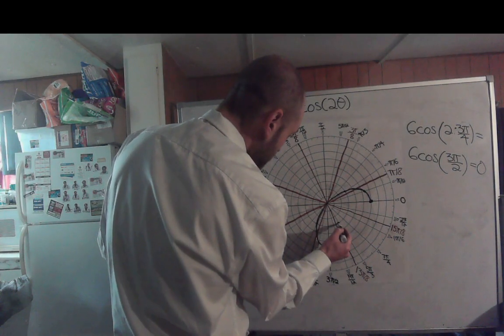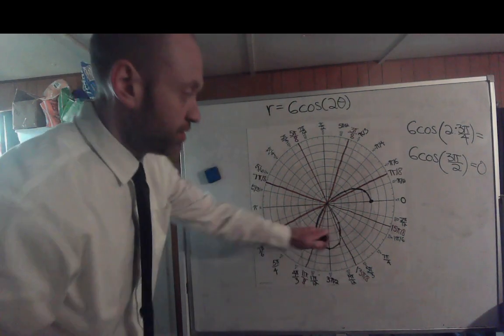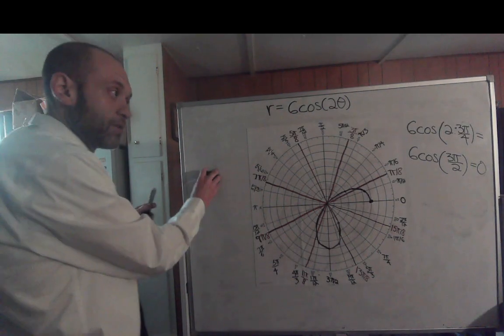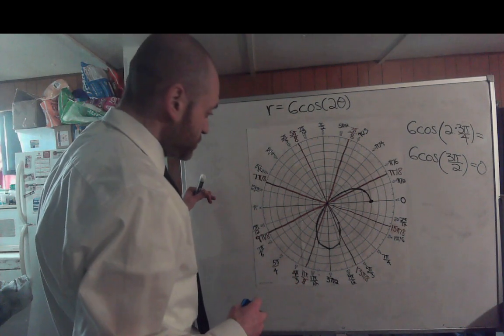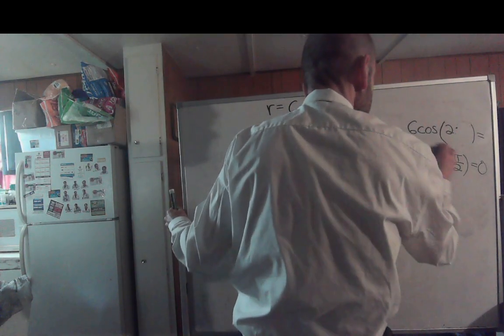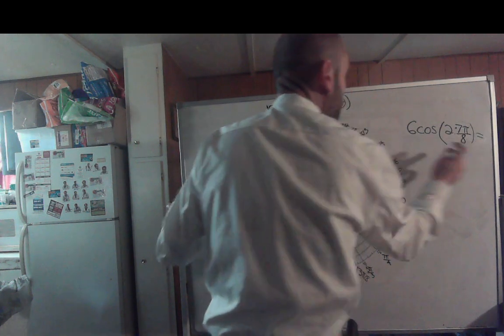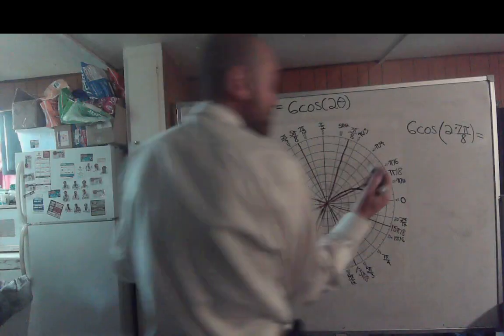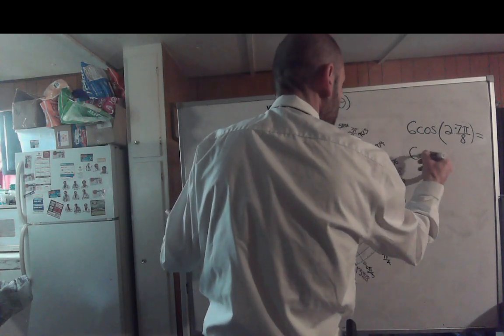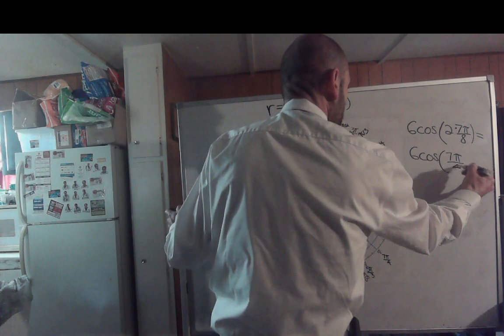Let's go ahead and connect what we have so far. Look how neat that is. We have a loop so far, and it's about to get even better as we head into the next one, 7 pi over 8. So if we do 2 times 7 pi over 8, that's just going to be 7 pi over 4. 6 times the cosine of 7 pi over 4.